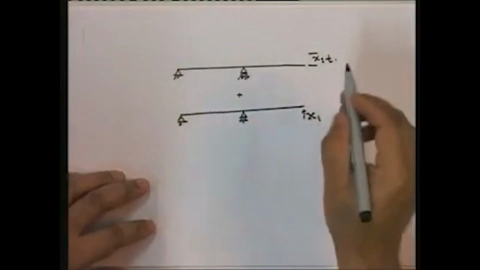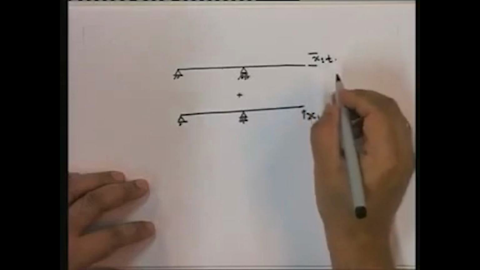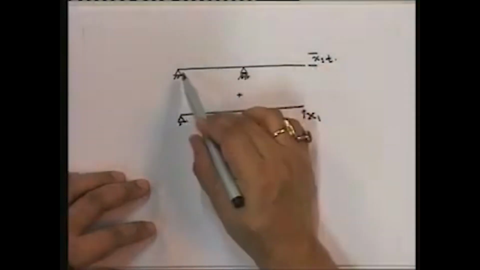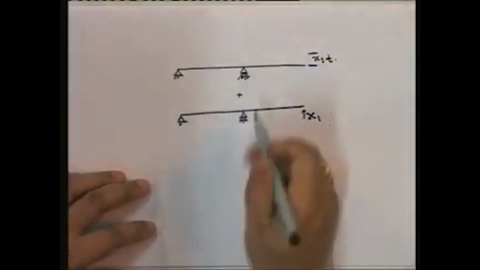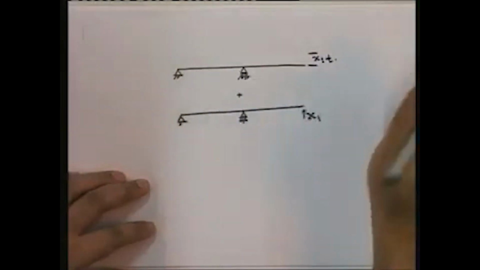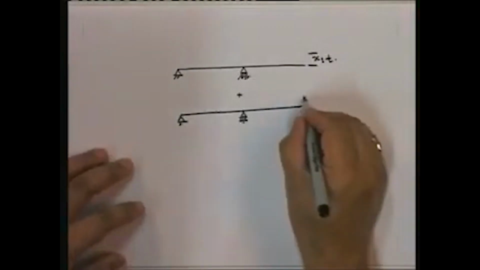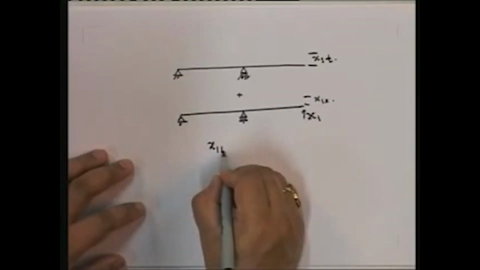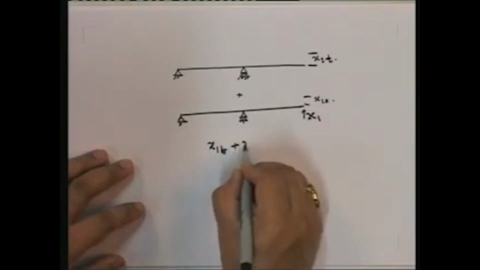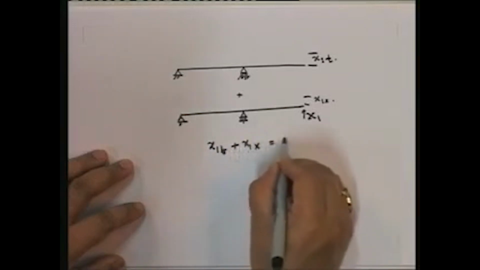So therefore, we have to first see the situation that due to the temperature, is there a displacement here? That's my first, and then of course we add up this and put it equal to 0, and find out this displacement x1, and the compatibility condition is x1 of t plus x1 of x equal to 0.